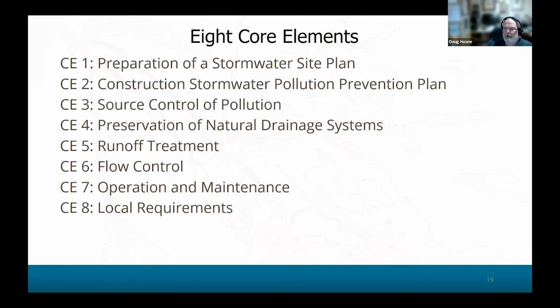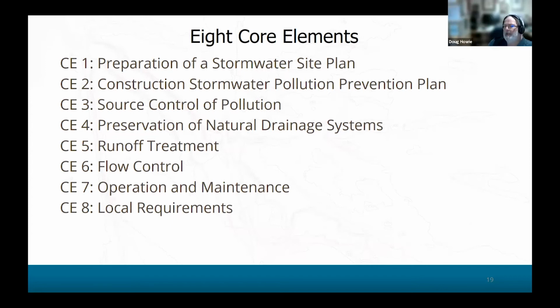So we talked a little bit about runoff treatment and flow control. Operation and maintenance has to do if you are putting any kind of BMP for runoff treatment or flow control, you need to have the operation and maintenance manuals for those, and those need to be included in the jurisdiction's O&M plan.